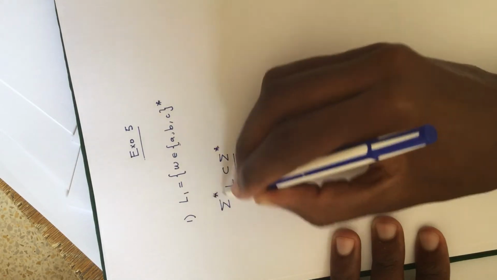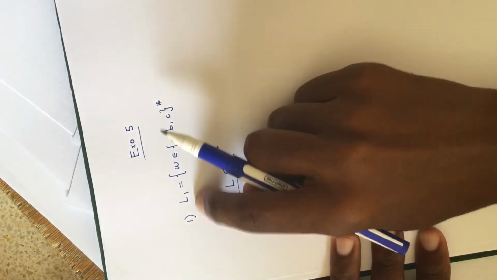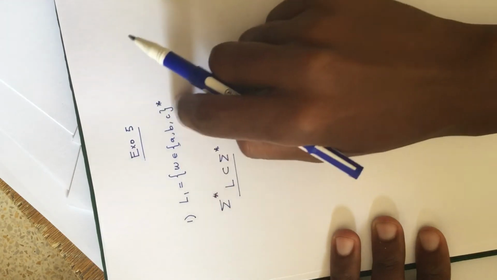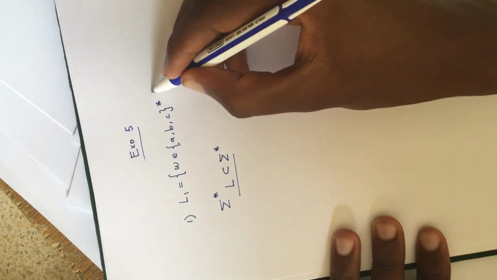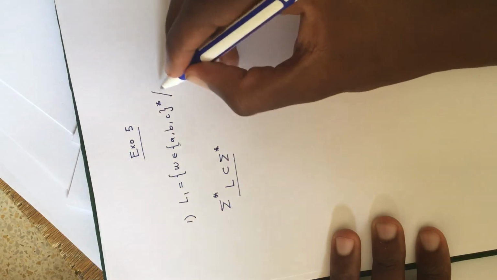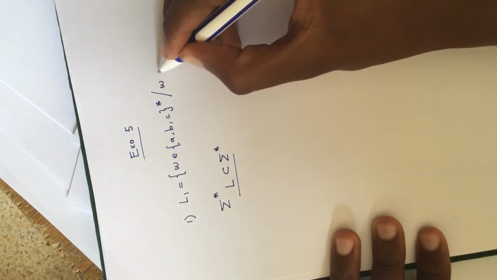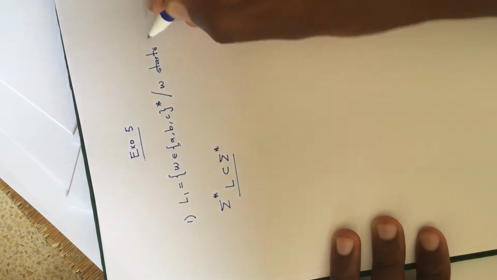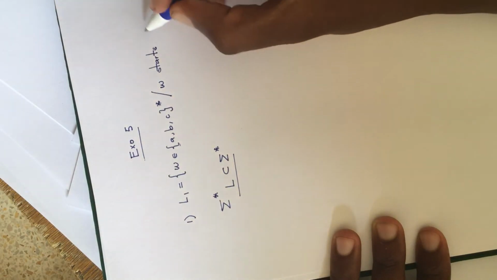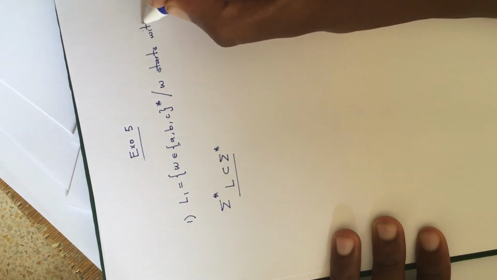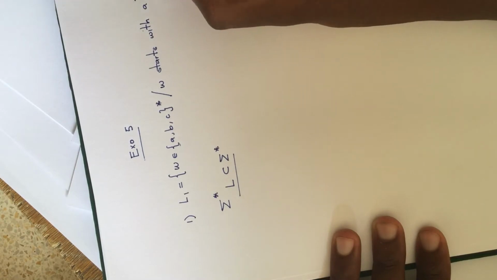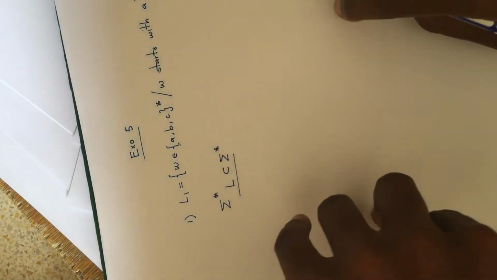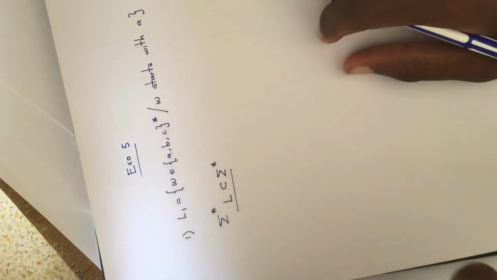So L1 is the language which contains strings that are in this set, but we are going to put a restriction. We're saying whereby the string W starts with A.